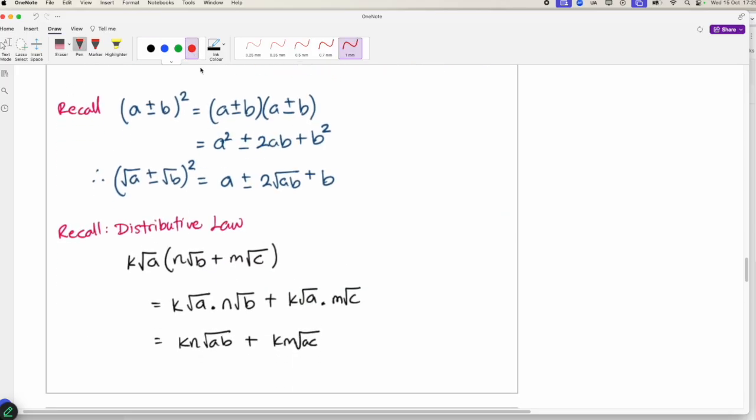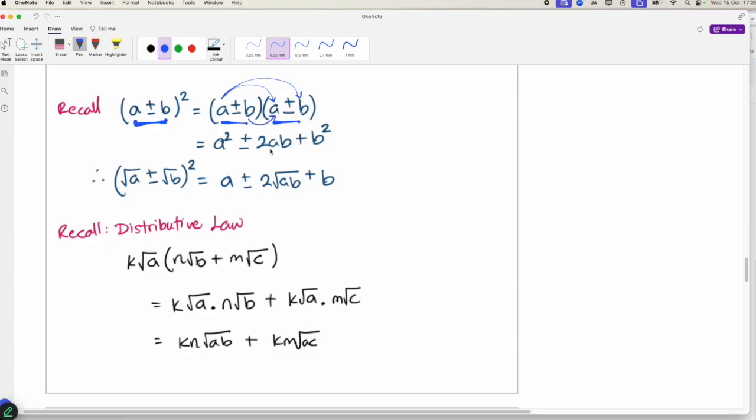Recall just a couple of things before we actually get into it. If I have a plus or minus b, squared, what this really means is that I have this multiplied by itself. And so a times a will give me a squared. A times b will give me ab.